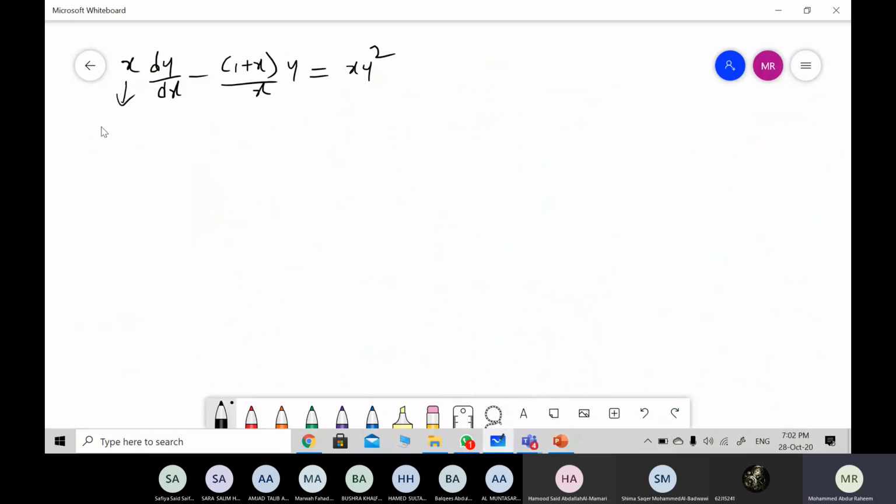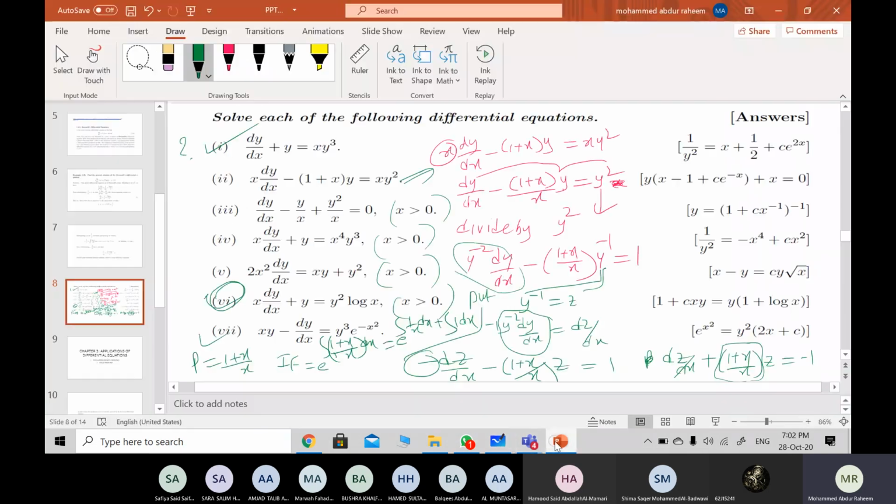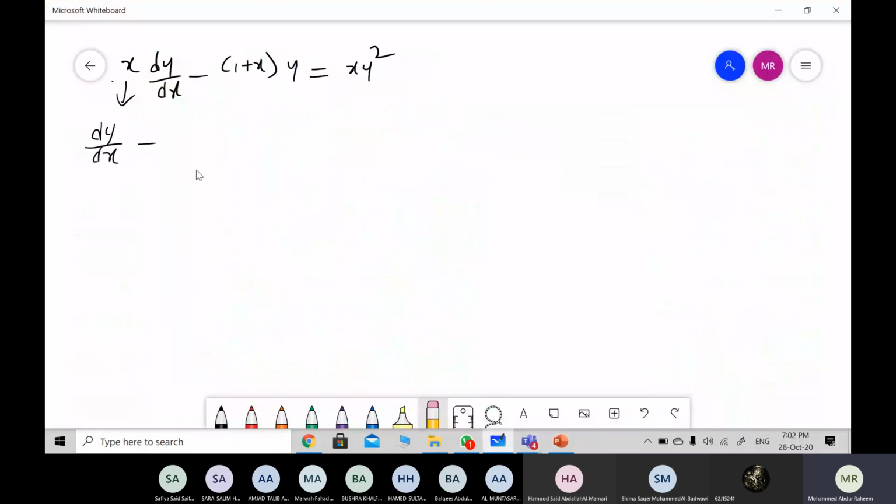So we divide with x, it should be 1. Already divided, I think, here. This should not be here, no? Or already given like that? No. Yeah, given 1 plus x, yeah. One plus x divide x. Here cancel, okay?